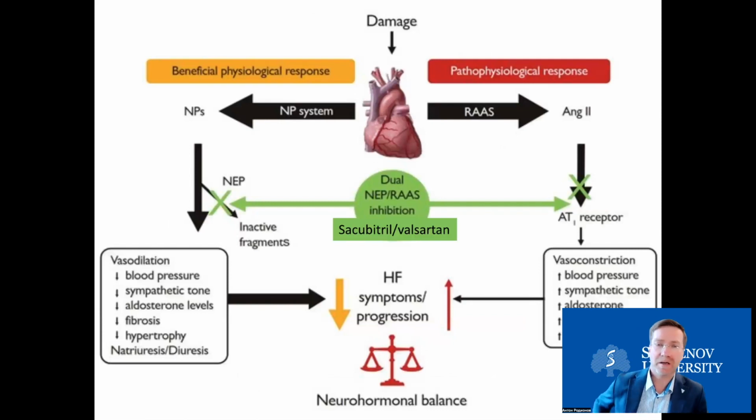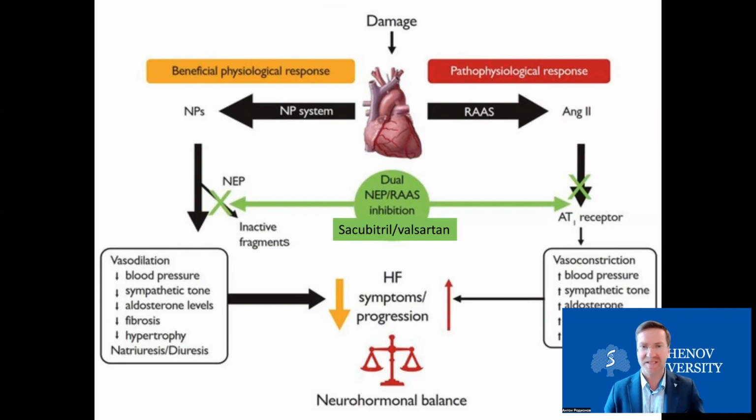So now we'll discuss what ARNI is, and it's only one drug named sacubitril/valsartan, a drug of double action. We need to remember the classical renin-angiotensin-aldosterone system on the right, but on the left you can see the system of natriuretic peptides. I told you that natriuretic peptides are good.